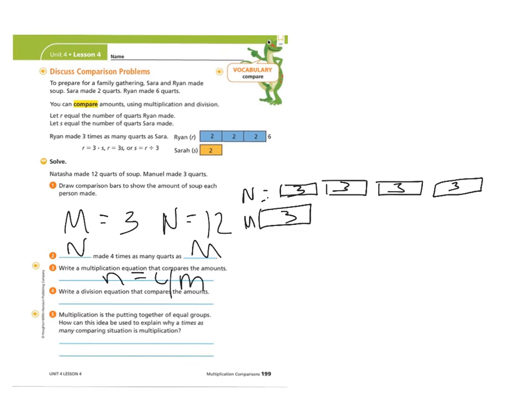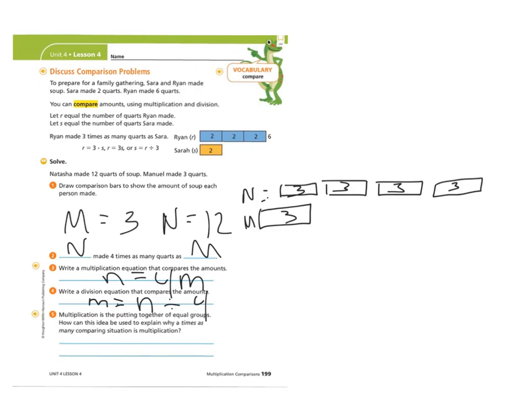Now let's write a division equation that compares the amounts. So now we're going to start with Manuel. Manuel made Natasha's amount divided by 4. Look at Natasha's amount on top. If we divide that by 4, that equals Manuel's amount.